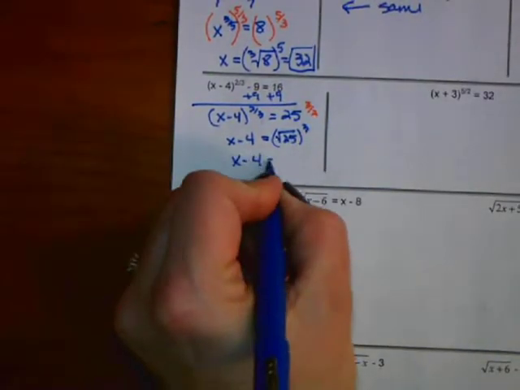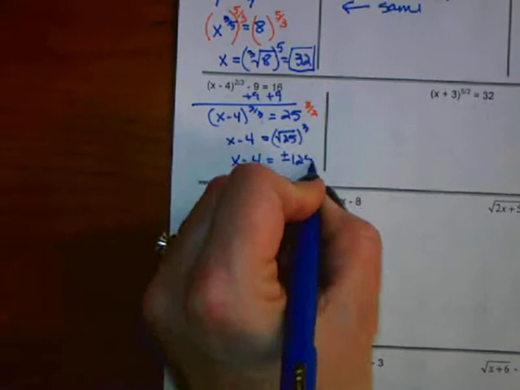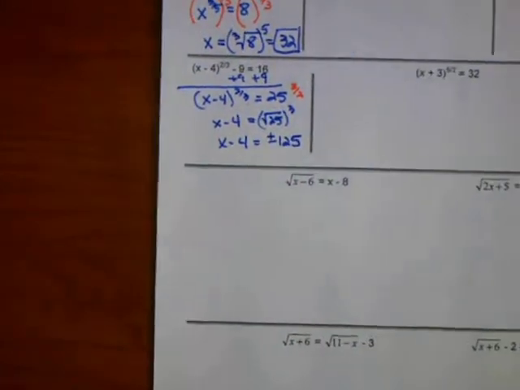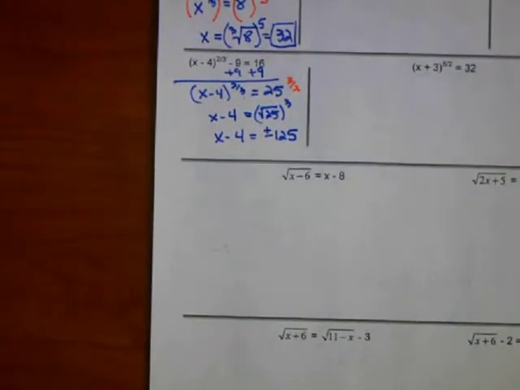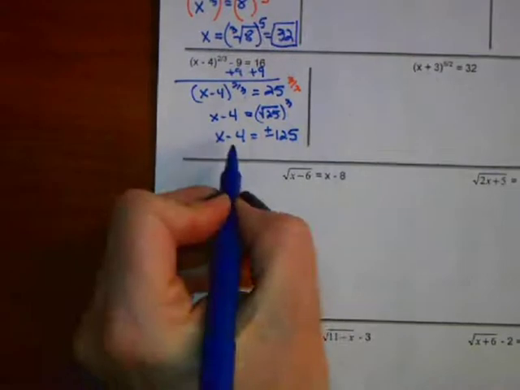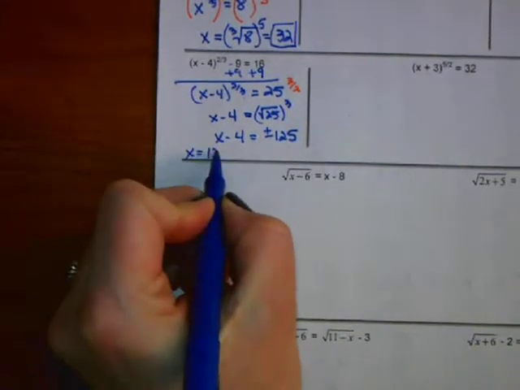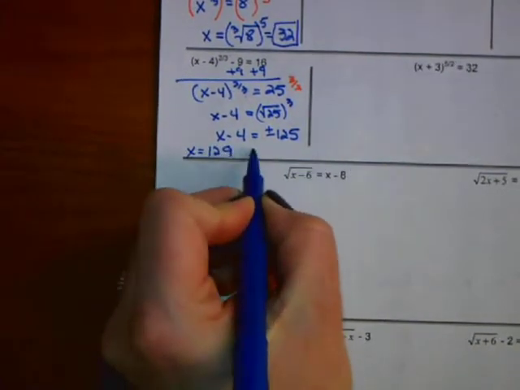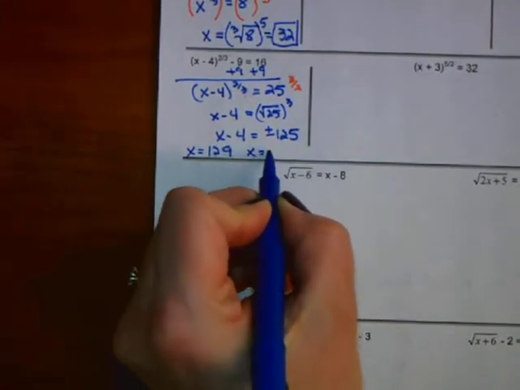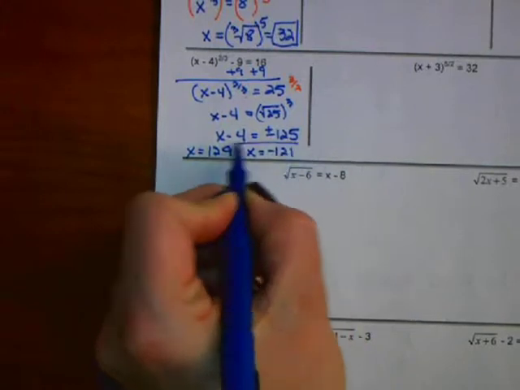So x minus 4 equals plus or minus 125, because the square root of 25 is a positive or a negative. Now I add 4 to both positive 125 and negative 125. So x is going to be 129, and add 4 to negative 125, which would be negative 121.